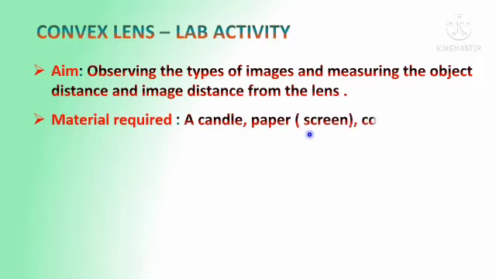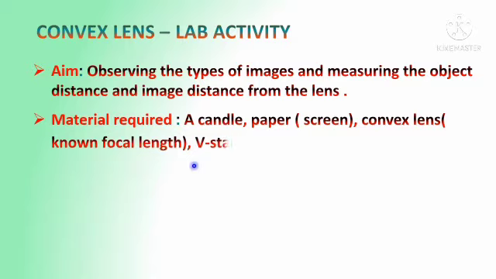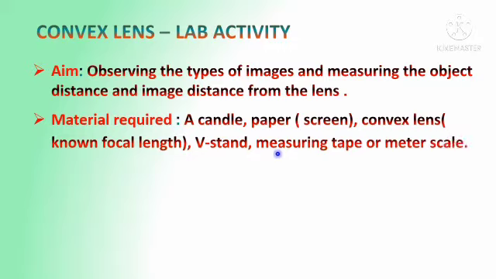Listen carefully. Material required: a candle, paper like a screen, a convex lens of known focal length, a V-stand, and a measuring tape or meter scale. These are the required materials.